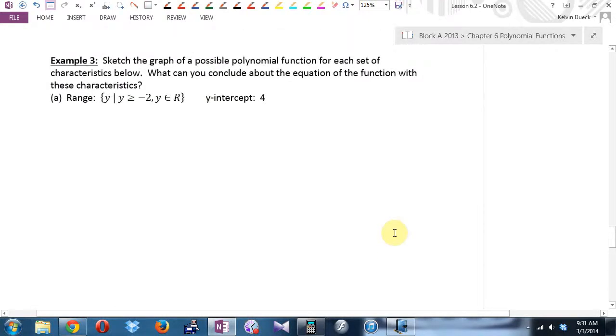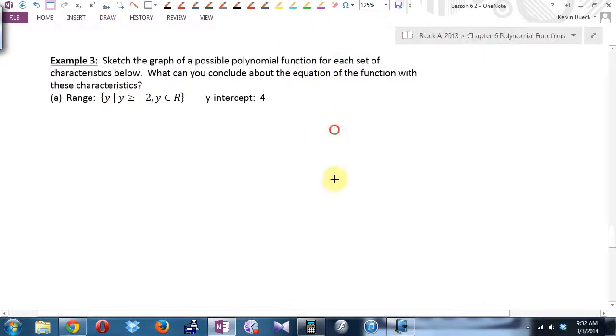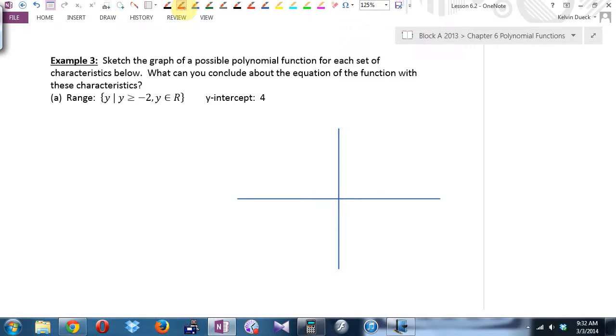It says, sketch a possible function for each characteristic below. All right. Let's do a sketch. What have they told me here? I'll do the domain and stuff later. Y-intercept 4.